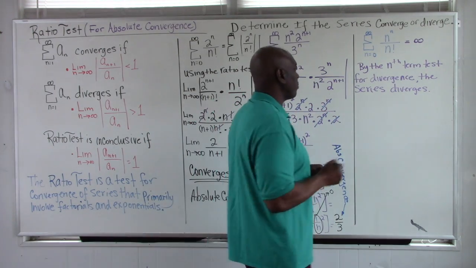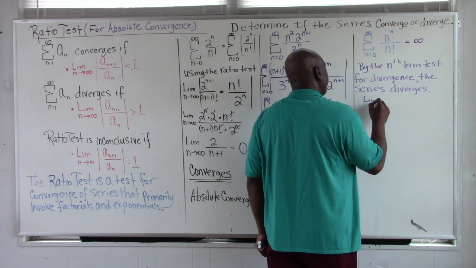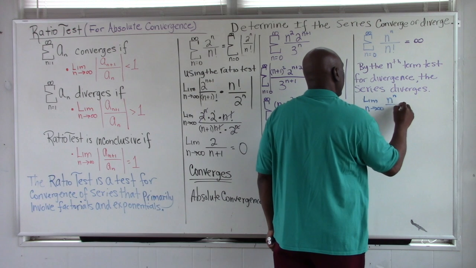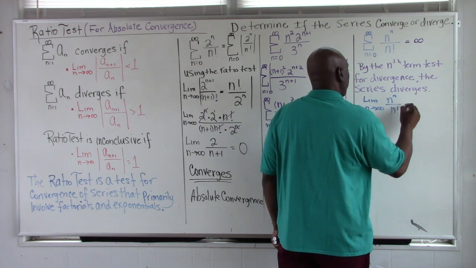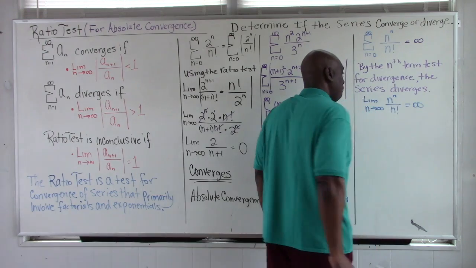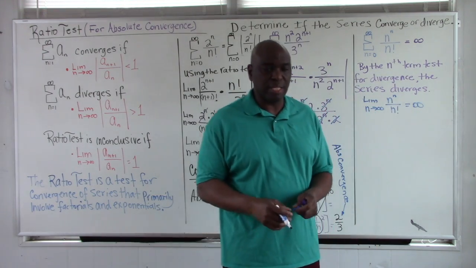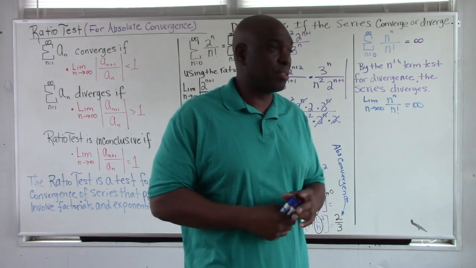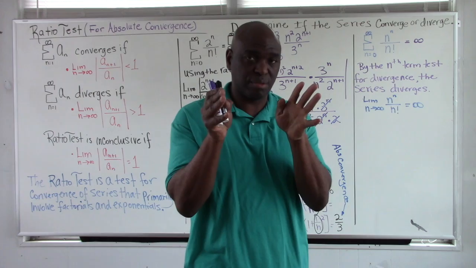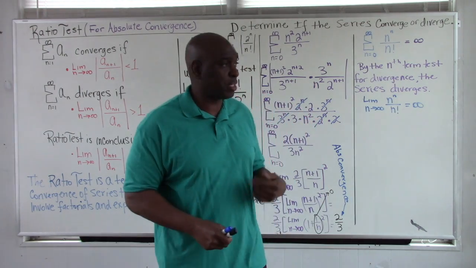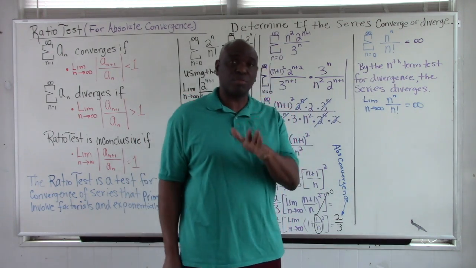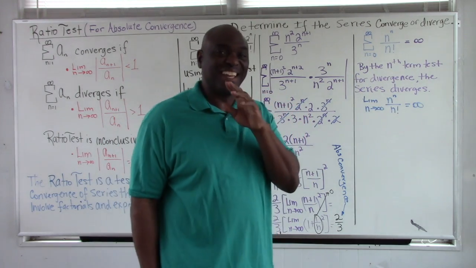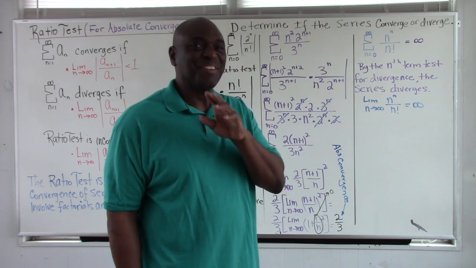In other words, the limit as n goes to infinity of n to the power of n divided by n factorial is infinity. Any value or expression for the limit other than 0 lets us know that the series is divergent. So this series diverges because of the comparative growth rate and because of the nth term test for divergence.